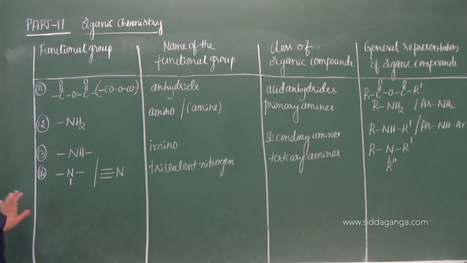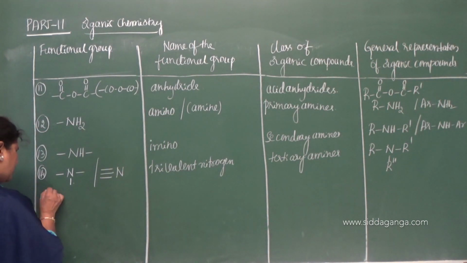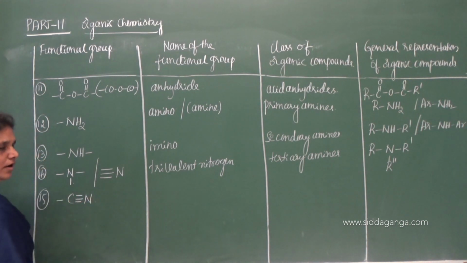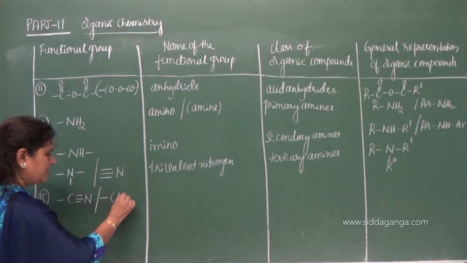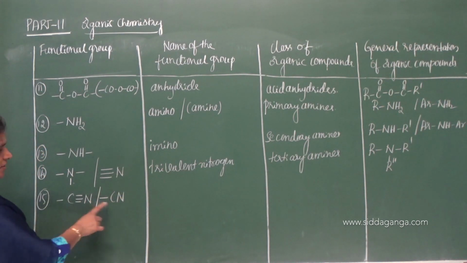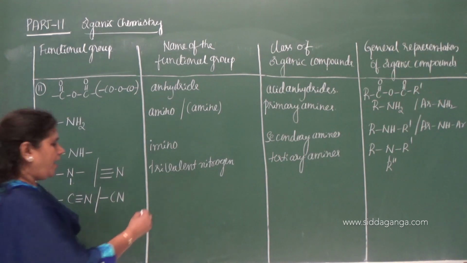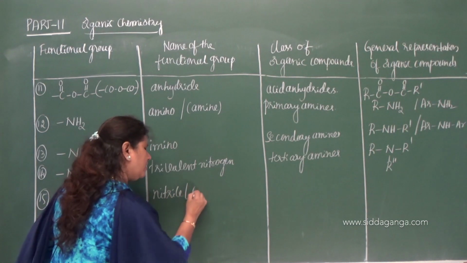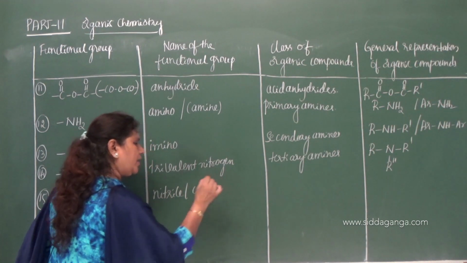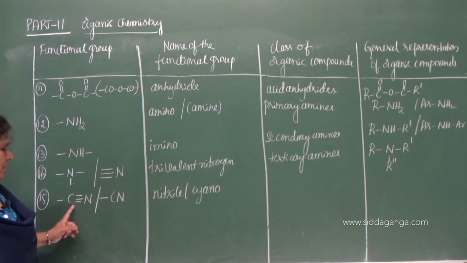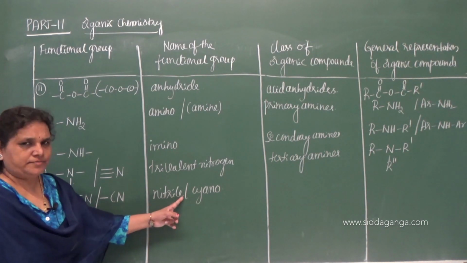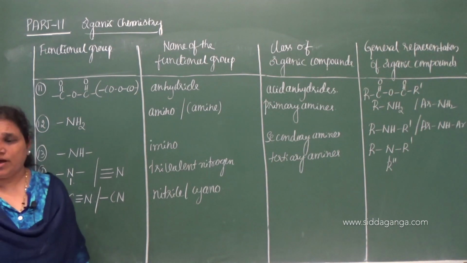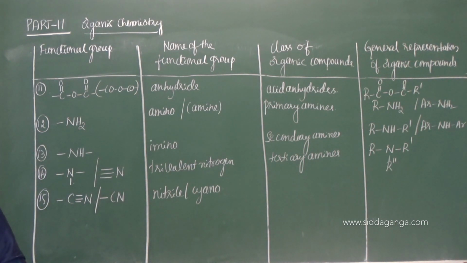Now let us move on to the next one, that is the 15th one. C triple bond N, or you can write it like this, CN. This is also a terminal functional group, and it is the nitrile group or cyano. What is the name of the group? Cyano or nitrile. Then what is the class of organic compounds here?